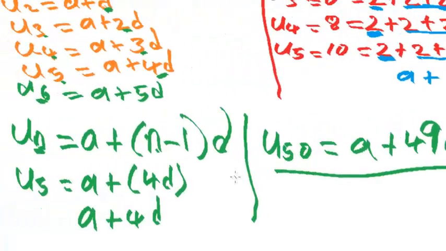So we can use this formula to find any term at all that we are interested in. So maybe we can take one example. After that, we call it a day for this particular lesson.